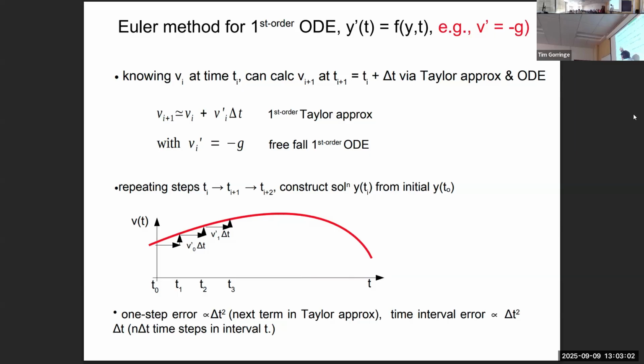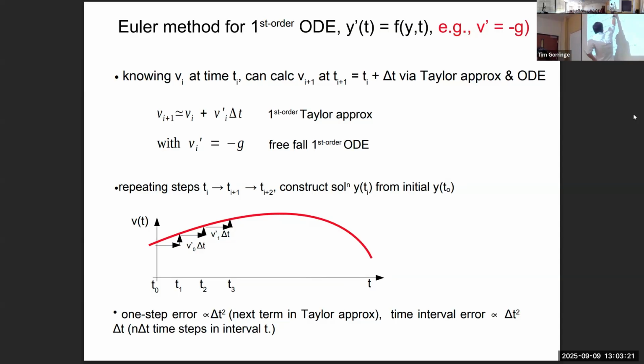Now we just change the language to v of i plus 1 in terms of v of i. But again, the first order Taylor expansion just depends on the rate of change of v and i, which is the acceleration, which is what our ordinary differential equation is.